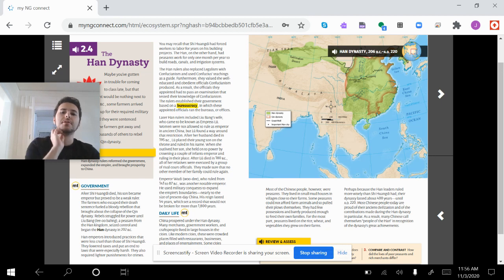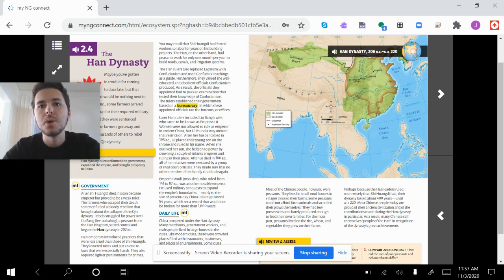You might have heard of a bureaucracy in American politics or in politics elsewhere in the world. A bureaucracy is basically a group of people who are appointed by the leader to carry out different tasks. They're not elected officials.